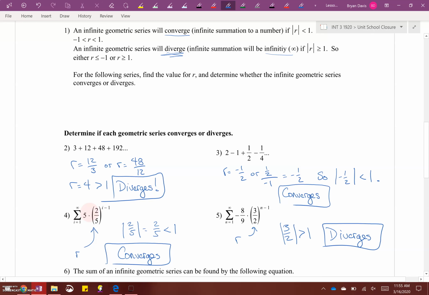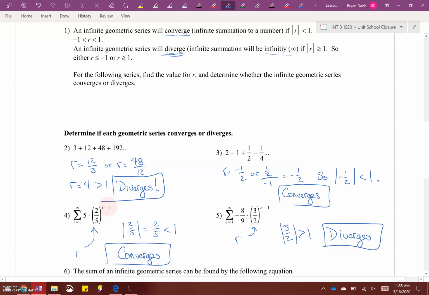Similarly, if I was given something in summation notation, I just need to find r, and r is this number right here. I see that r is 2/5. I know that the absolute value of 2/5 is 2/5. That's less than 1. This summation, an infinite sum, is going to converge. It's going to be a number. I don't know what it is.